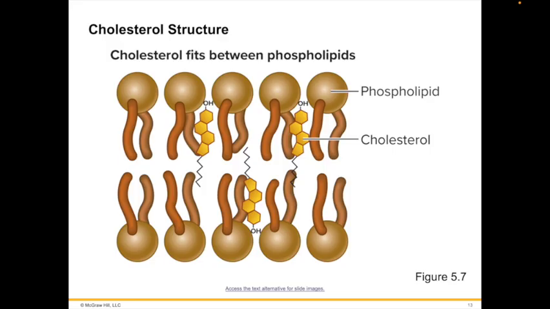The nonpolar interior of a lipid bilayer impedes the passage of any water-soluble substance through the bilayer, just as a layer of oil impedes the passage of a drop of water. This barrier to water-soluble substances is the key biological property of the lipid bilayer.